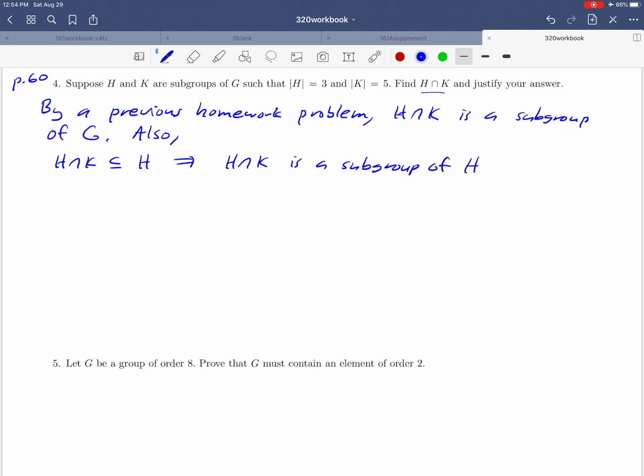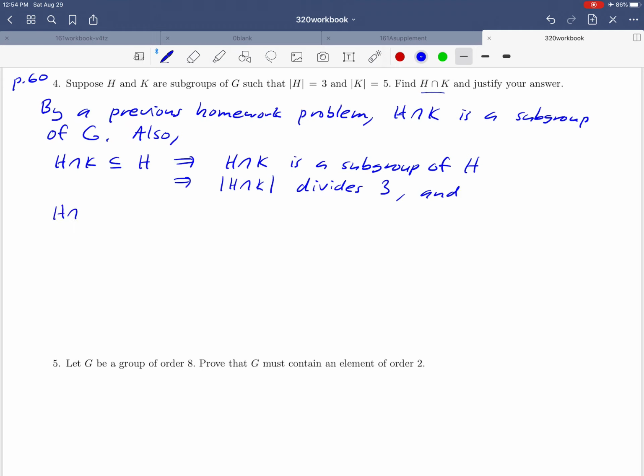Okay, but if H intersect K is a subgroup of H, we know from Lagrange's theorem then that the order of H intersect K has to divide the order of H, which we know to be 3. Okay, so the order of H intersect K is a divisor of 3.